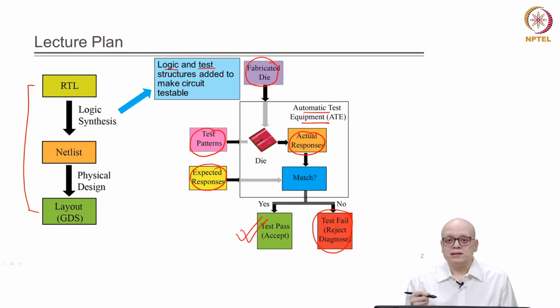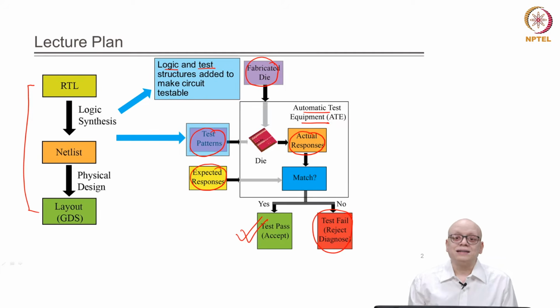The design tasks which make these changes to our design are known as design for test or DFT tasks. And the other important step carried out during the design process is to extract test patterns which need to be applied to the fabricated die and also the expected responses.